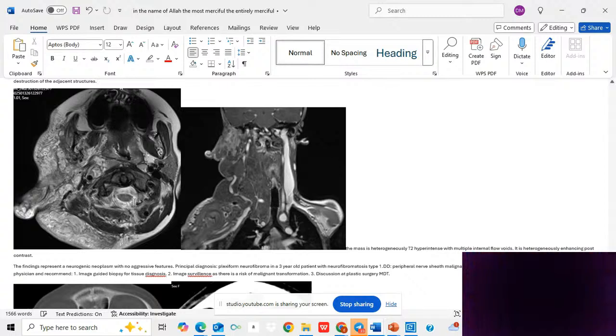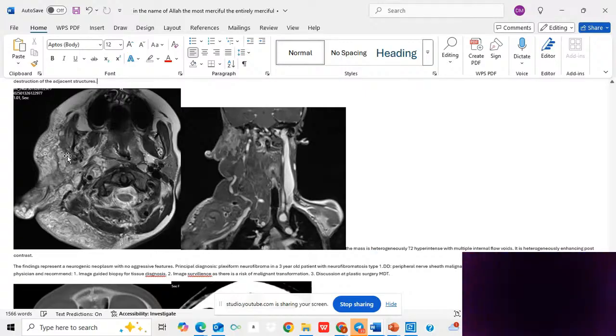These images show the characteristic mass appearance on the T2 weighted images. Look carefully. The mass is heterogeneously T2 hyperintense.